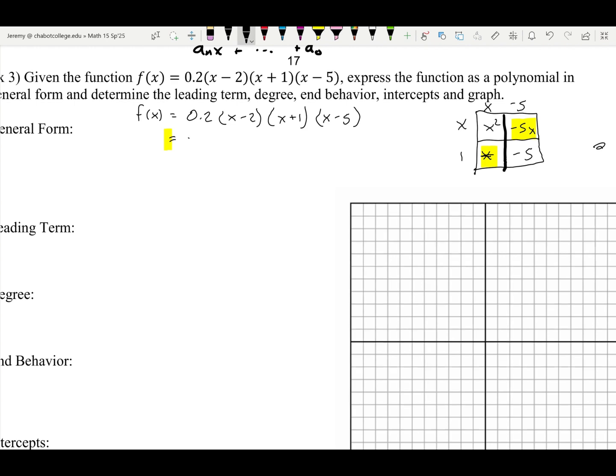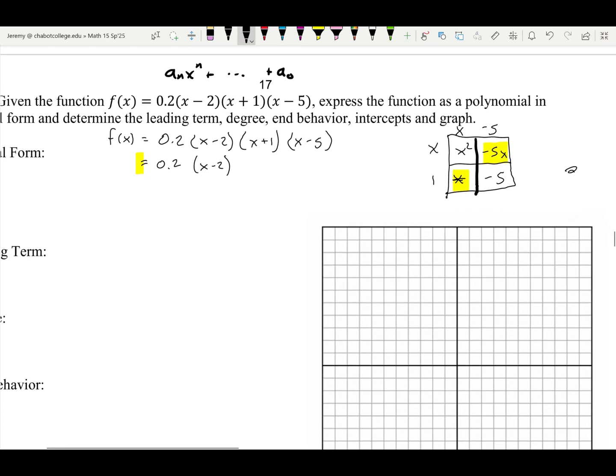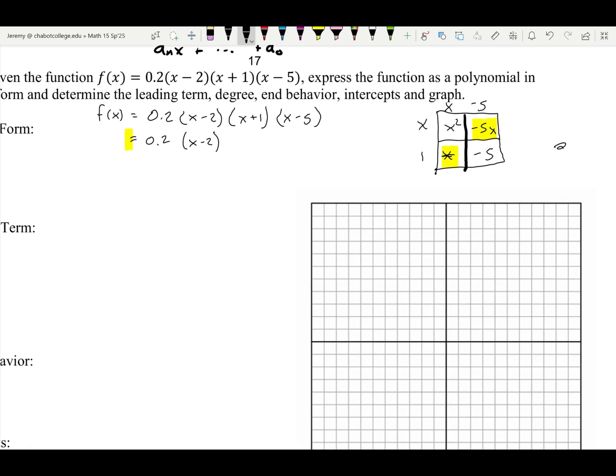So this is going to be equal to 0.2 times (x minus 2), and now just adding each of those terms together in the box, I'll get x squared, and then minus 5x plus x, that gives me the negative 4x, and then minus 5.